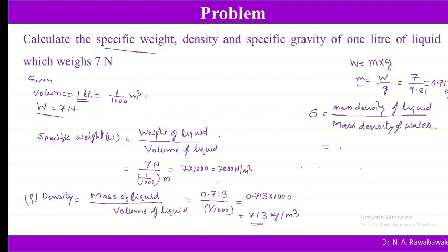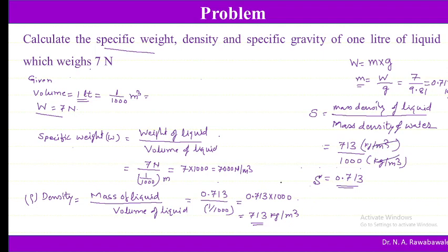So mass density of liquid is 713 kg per meter cube divided by mass density of water, which is 1000. So this is going to be 0.713. What will be the unit? So unit for mass density of liquid is kg per meter cube divided by kg per meter cube. Kg per meter cube gets cancelled, and this term specific gravity is a term without unit. So dimensionless term we are going to get.